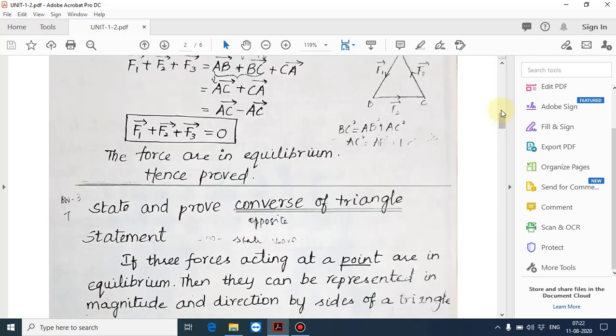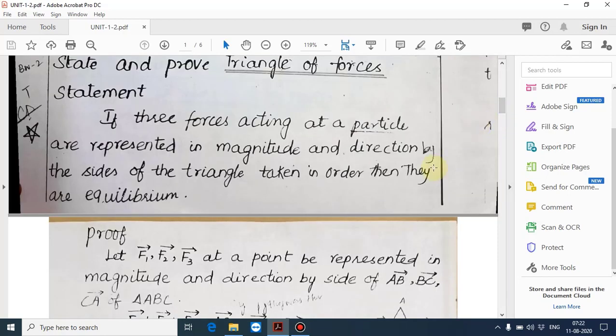You see the proof. Let F1, F2, F3 at a point be represented in magnitude and direction by AB, BC and CA. You see the diagram.